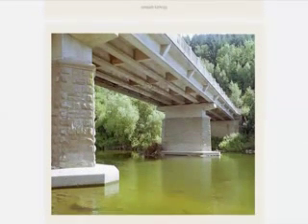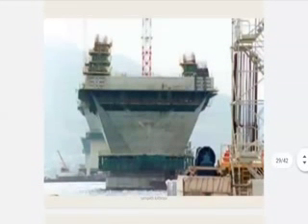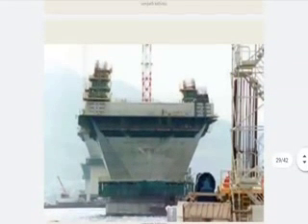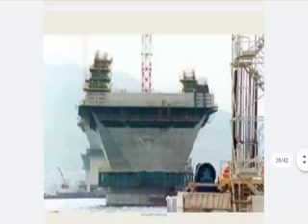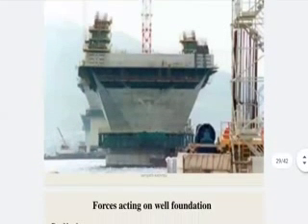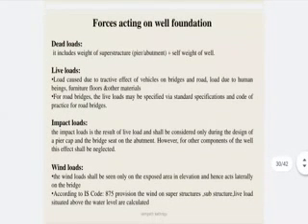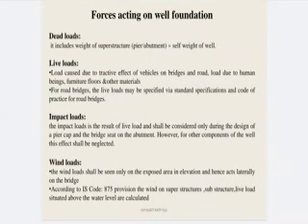So remember the different basic components of your well foundation. You can see this is also the construction of a well foundation. This well foundation has a trapezoidal section, trapezoidal shape.